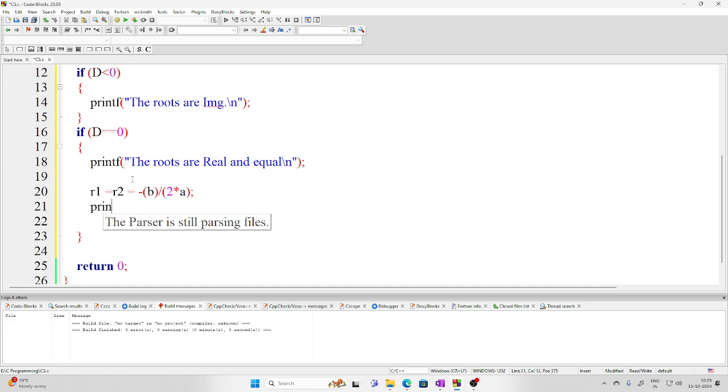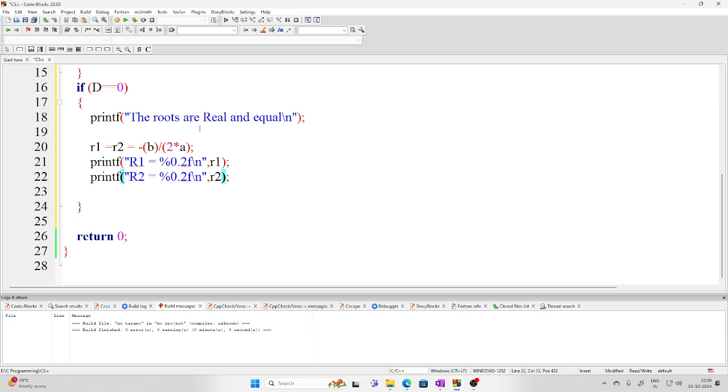So printf root 1 is equal to percentage f, and the new line, and this is r1. Let us only print two places after decimal. Then r2, so this root will be equal to r2. Okay, done. So if the discriminant is 0, then the roots will be real and equal, having magnitude this only.